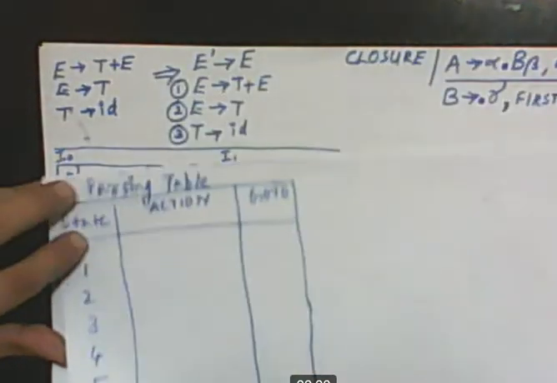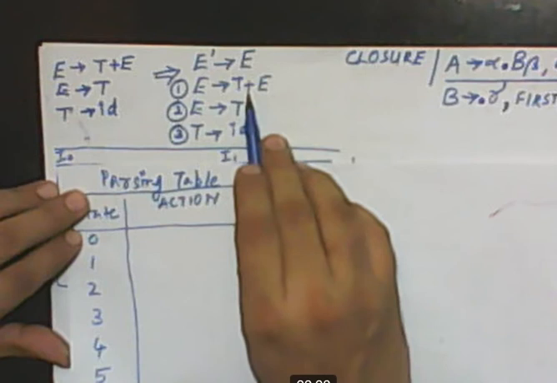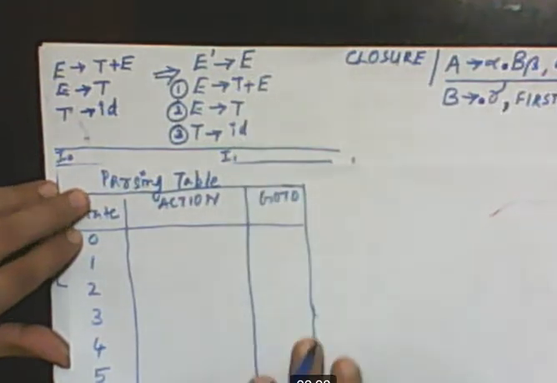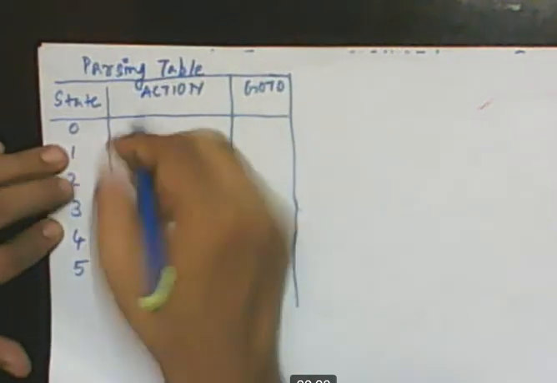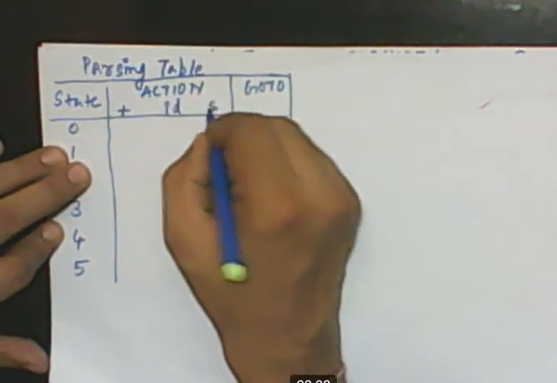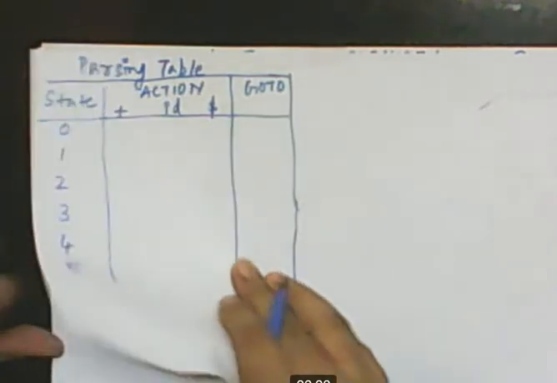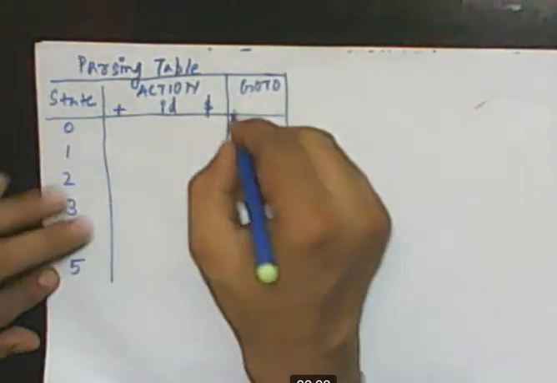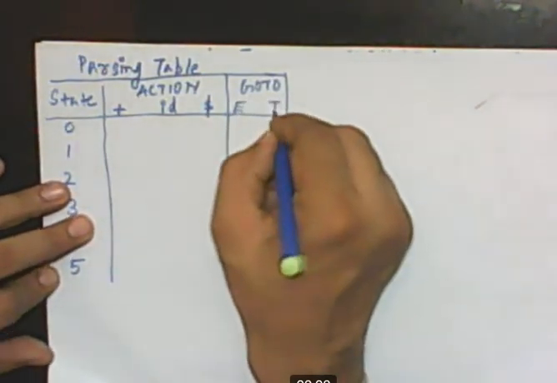So which are the terminal symbols? You have plus and ID as the terminal symbols, and you add the dollar symbol also. So you have plus, ID and dollar symbol, and the non-terminals are E and T.